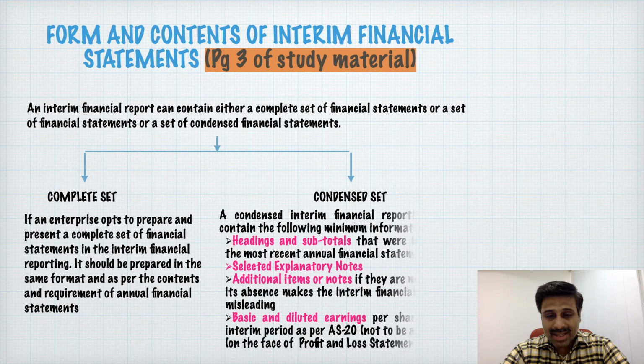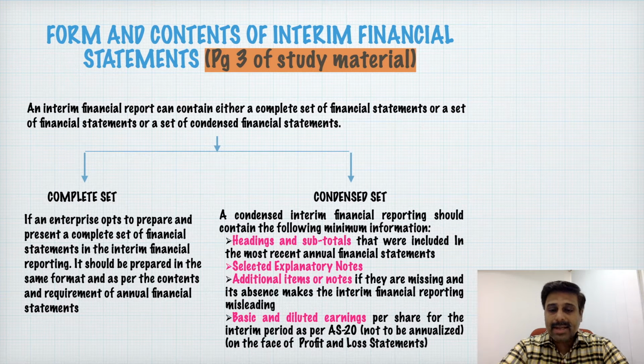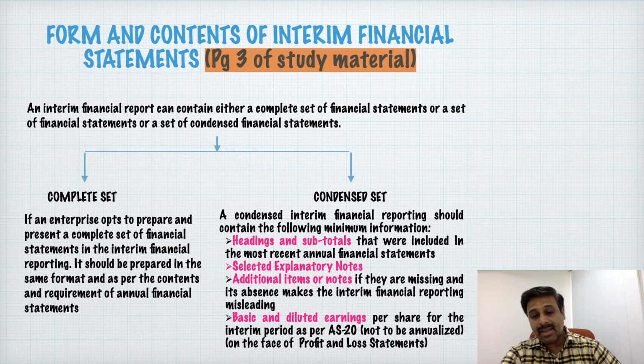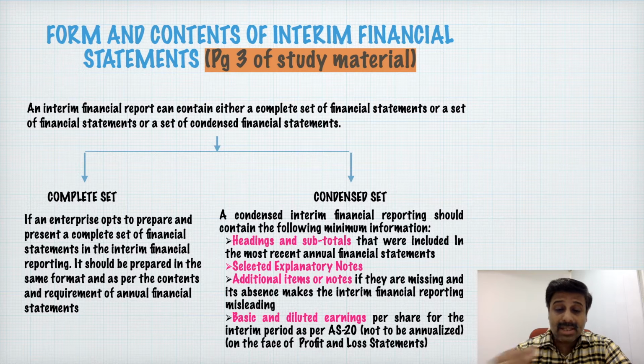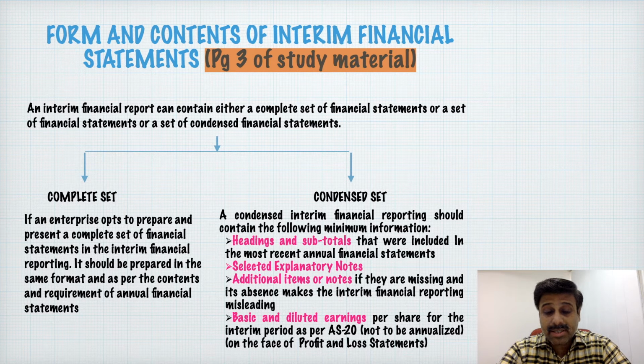Now when we talk about condensed set, then a condensed interim financial report should contain the following minimum information: headings and subtotals that were included in the most recent annual financial statements. Means if in the last year's annual financial statements you have included shareholders funds, non-current liabilities, current liabilities, you'll include those headings.